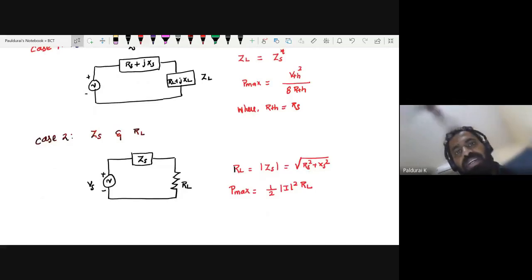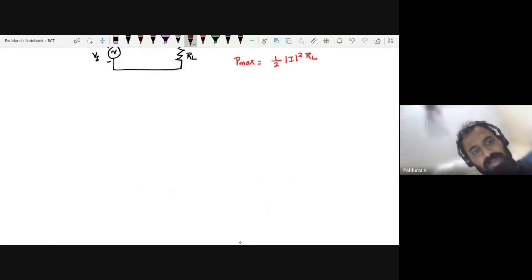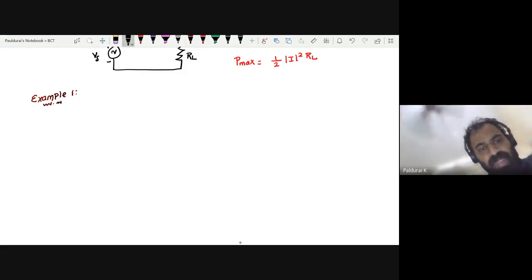So these are all the conditions we discussed in the last class. Now take one problem. Take example 1. Take the circuit diagram. AC voltage source, the value is 10 at an angle of 0.